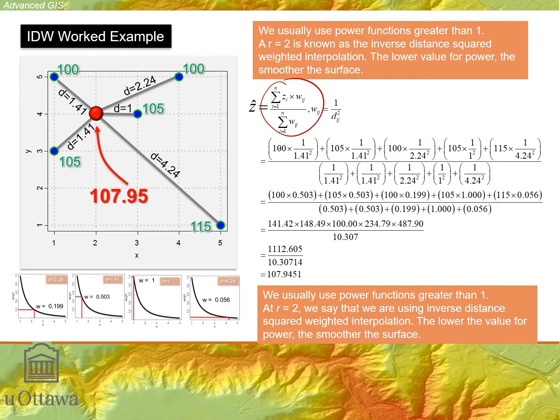If you're not sure how this one is coming in, if it's inverse distance squared that we're using, then we have 1 divided by 1.41 squared, which is the distance of that value. So 100 times 1 over 1.41 squared is where we see, right here, how we get the value of 0.053. That's just 1 over 1.41 squared.